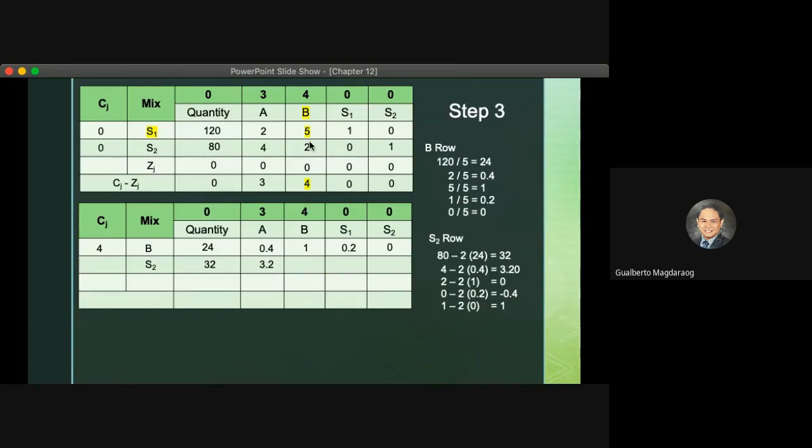And then 2 minus 2 times 1 is 0. Okay? 2 minus 2 is 0 times 1 is 0. And then 0 minus 2 times 0.2. And that is negative 0.4.